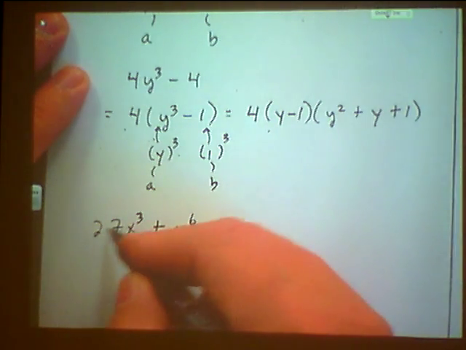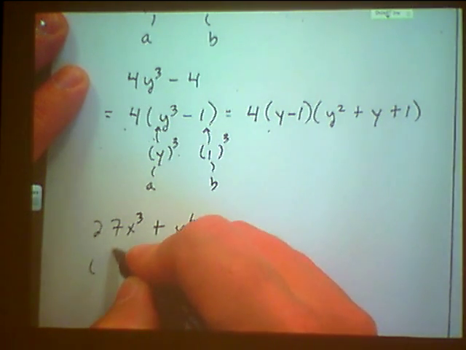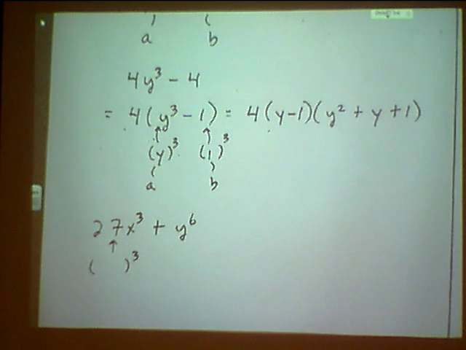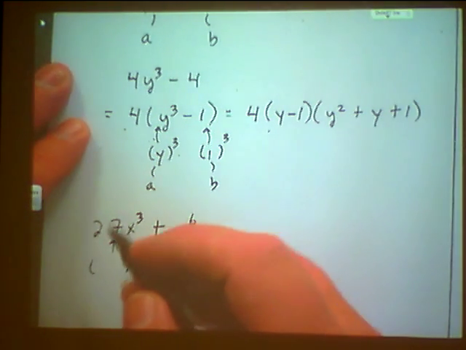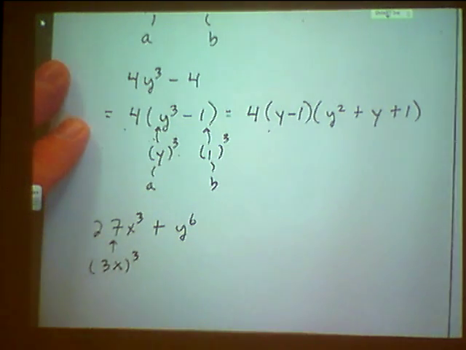So if I look at this first term and I say, is there something I can cube that would equal 27x cubed? Is there something I can multiply by itself 3 times that would equal 27x cubed? Well, if you look at the 27, I believe 3 cubed is 27, and then you've got the x here. So I believe if you cube 3x, it equals 27x cubed.